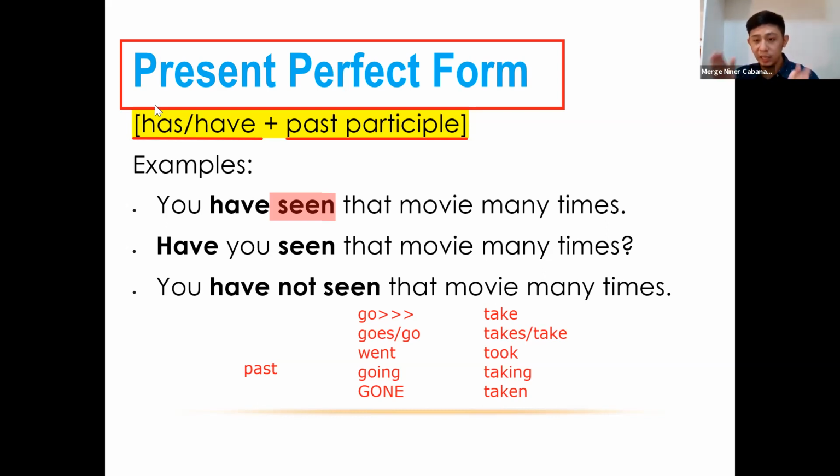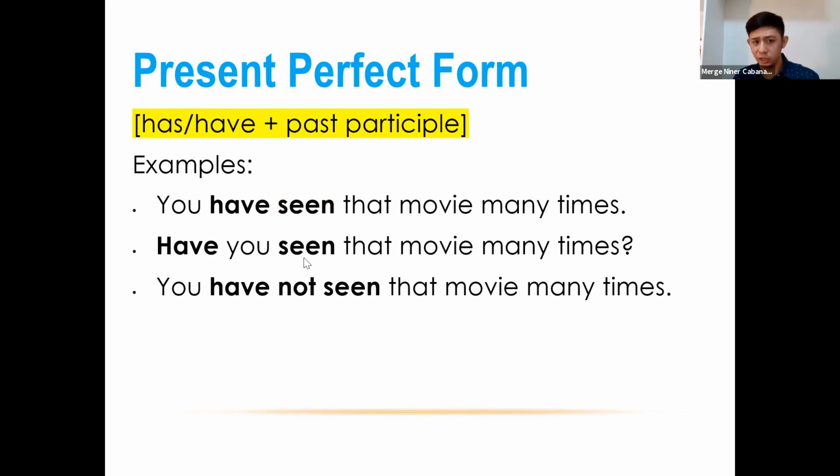So the children have been working, the teachers have taken, the pupils have observed. So that is how we use the present perfect form.